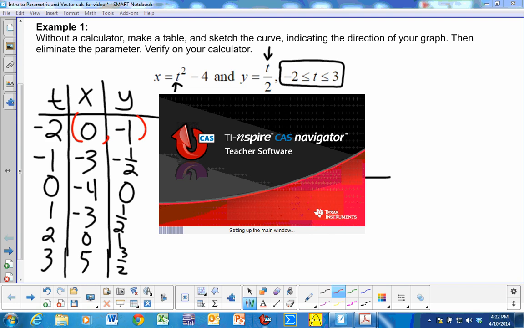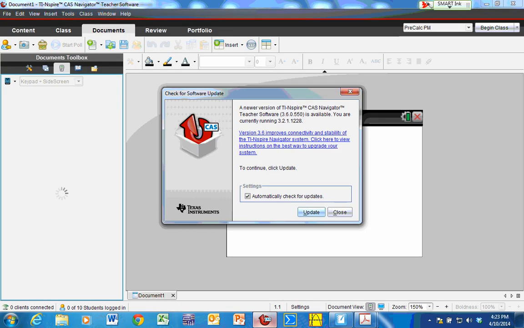We're going to eliminate the parameter before we graph it on the calculator so that we can see the sort of rectangular equation that we get, so that we can look at it and see what we think that we should be getting here. And as soon as the calculator thing gets out of the way, you can look at the graph and see that it kind of looks like what the graph might be is a parabola on its side.